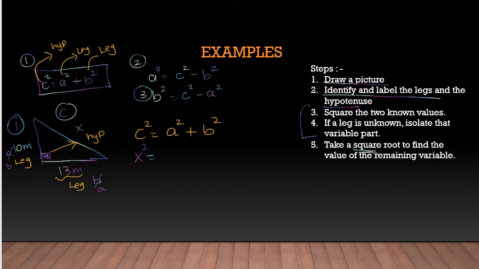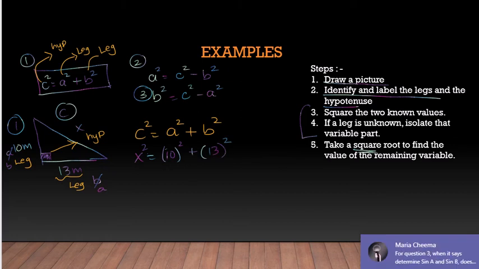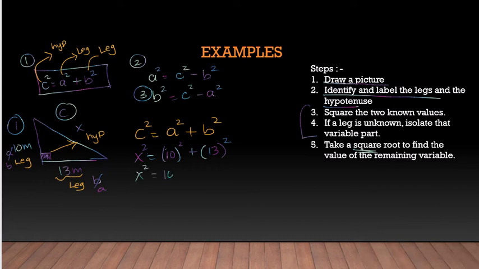So a is going to be 10, plus b is equal to 13 to the power 2. So x squared equals 10 to the power 2, which is 100, plus 13 to the power 2, which is 169.